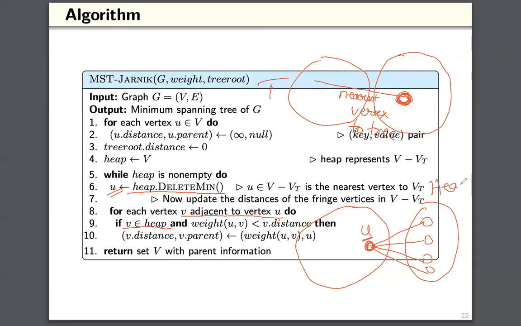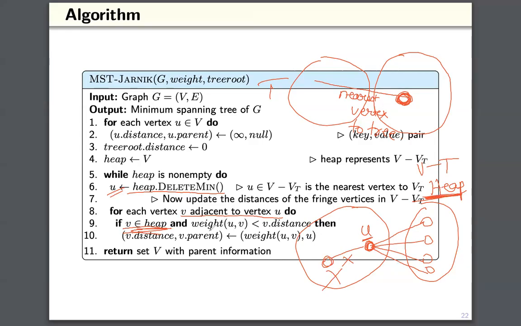So heap means V minus T. If the adjacent vertex is inside the tree, do you care for updating? You don't care, right? So if the adjacent vertex is in the tree, you don't care for this edge. If it is in the heap, only then it tells you that it is outside the tree.